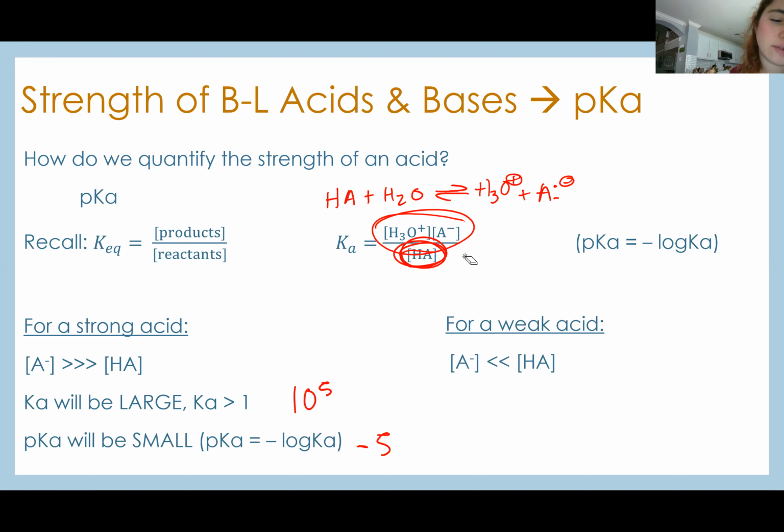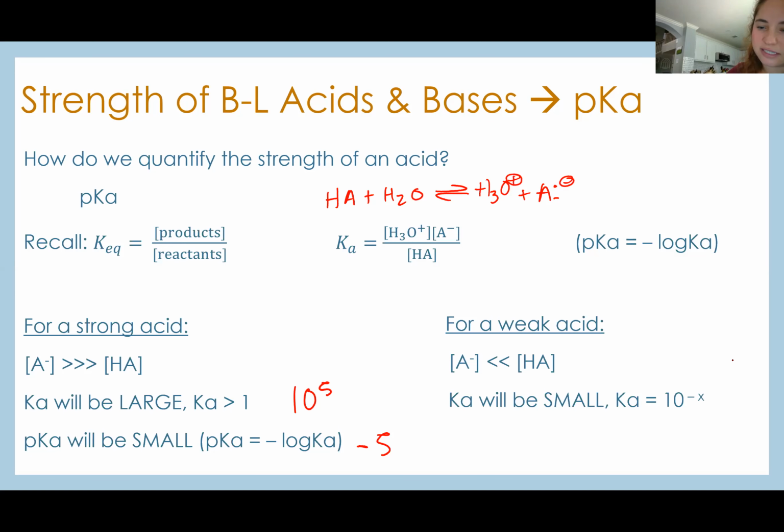Is the value of Ka going to be large or small? Small. It's going to be something like 10 to the negative x. Let's say 10 to the -7, and let's go bigger, 10 to the -20. It's going to be a small number.